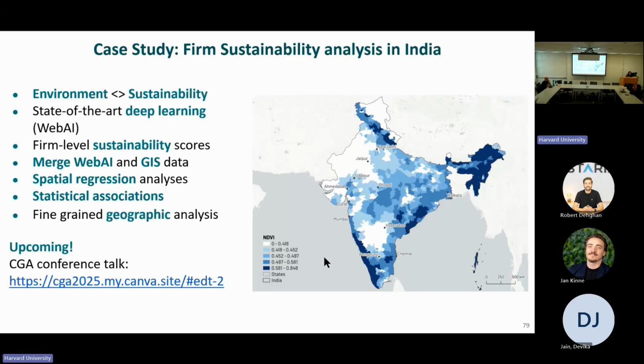So this is one of our objectives in this paper, to show how you can do such fine-grained analysis using the web AI database of Istari. And I have also provided the link to the conference talk on this use case. For those who are interested, please use this link to see the time and the session details.